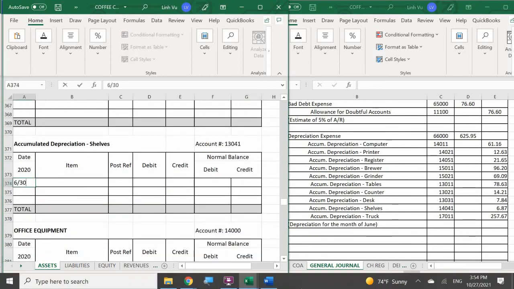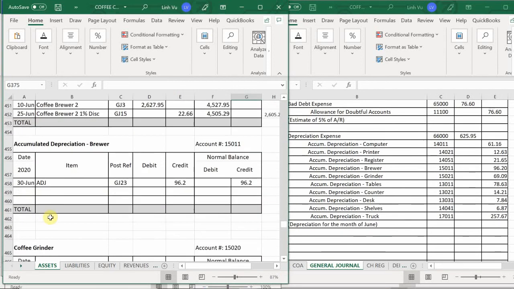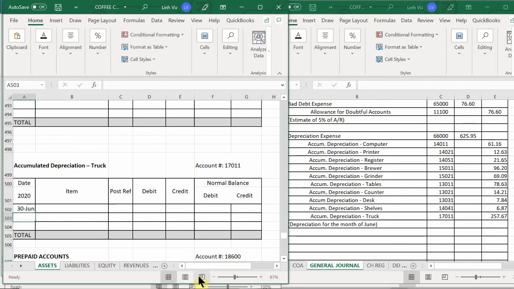Shelves. 687. 257.67. Okay. Done for this.